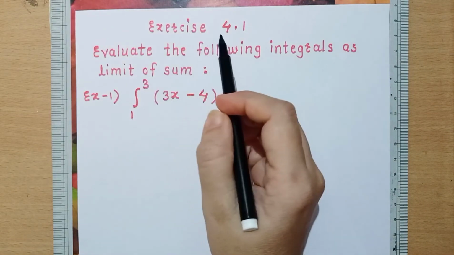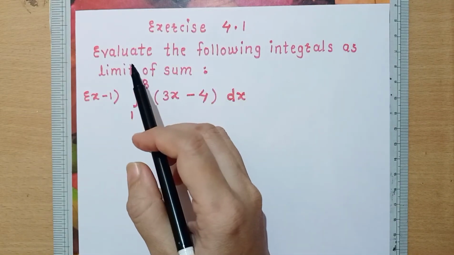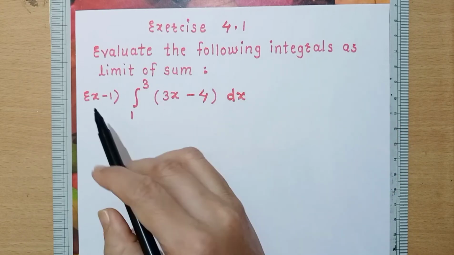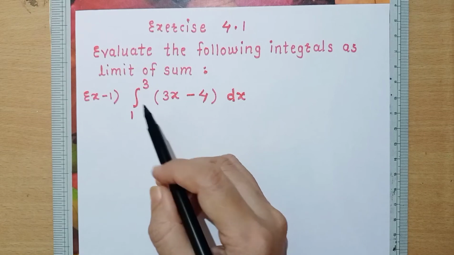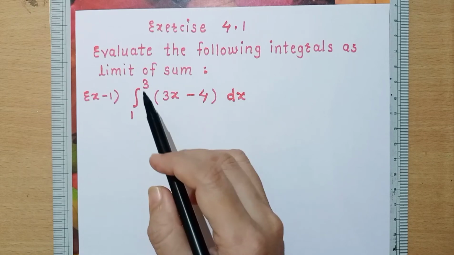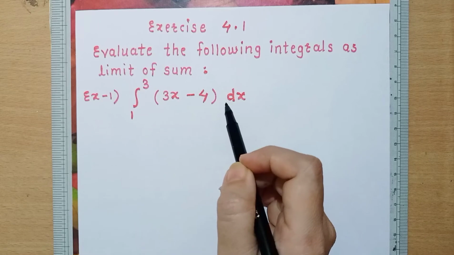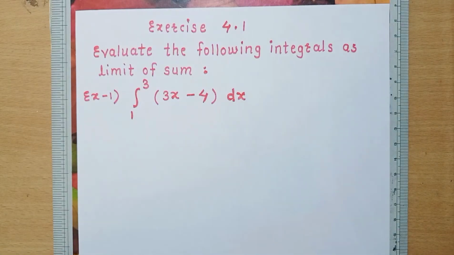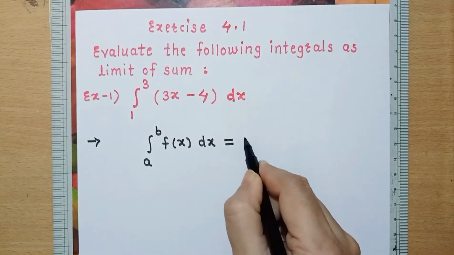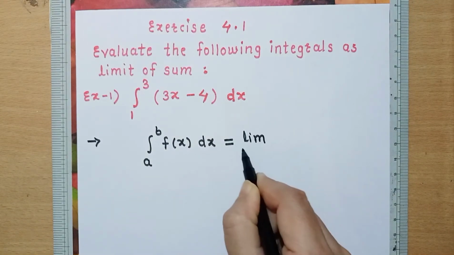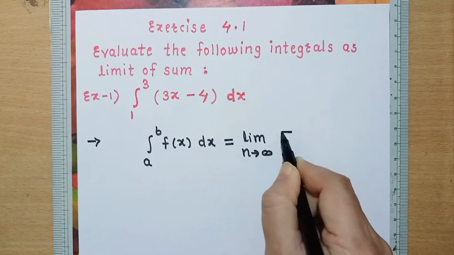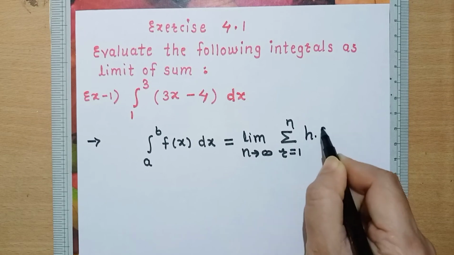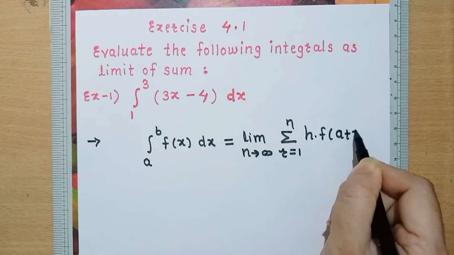Let's solve exercise 4.1, and the question is: evaluate the following integrals as limit of sum. This is our first example, integration from 1 to 3 of x minus 4 dx. So here first we will write down the formula, and this is equal to limit n tends to infinity, summation r running from 1 to n, h f of a plus rh.